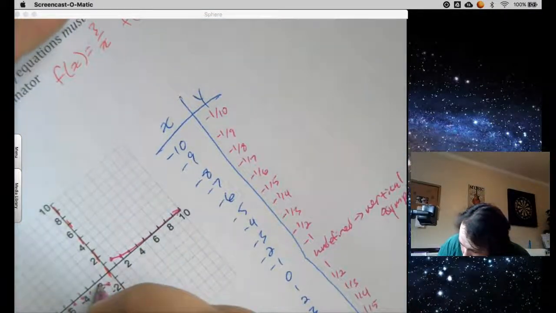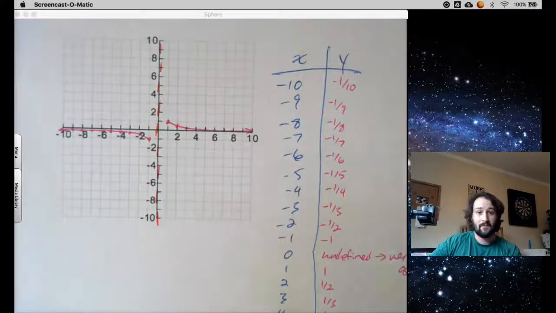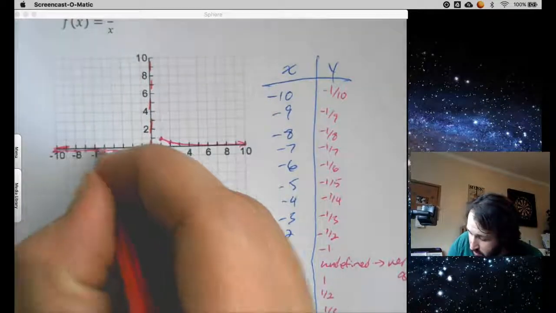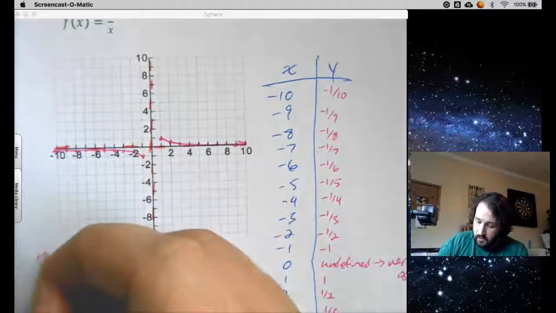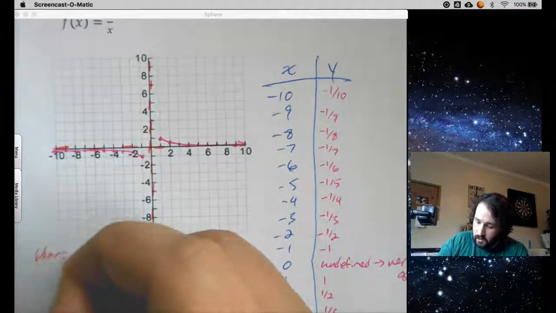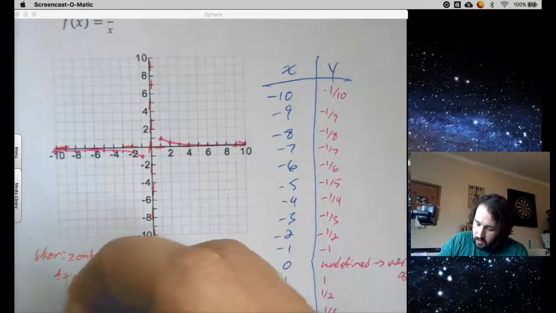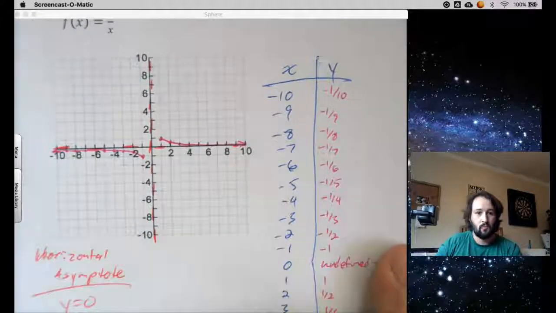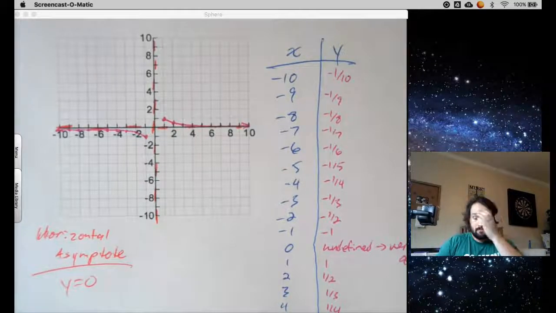So it will also never reach 0. Since it never reaches that value, this is called a horizontal asymptote. We have a horizontal asymptote at y equals 0. So the y values are approaching 0, but they're never actually going to touch 0.